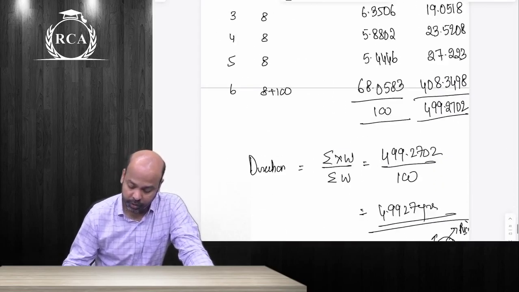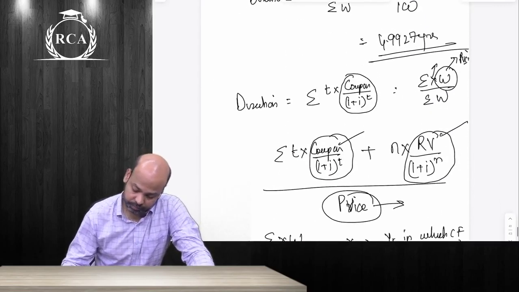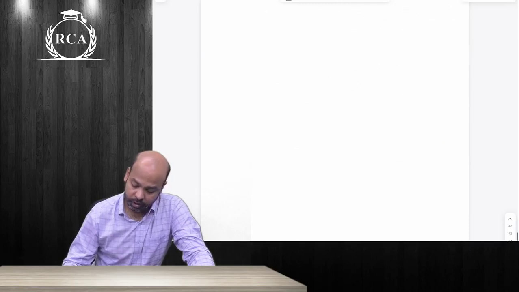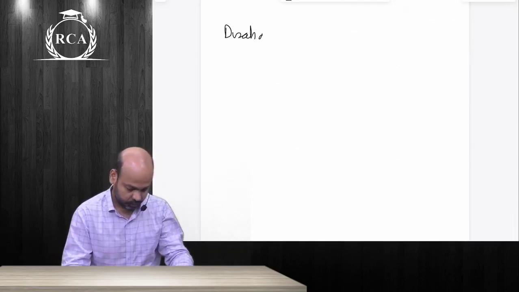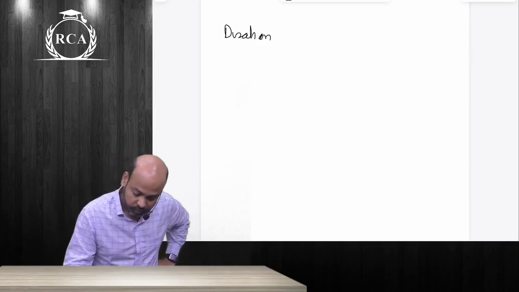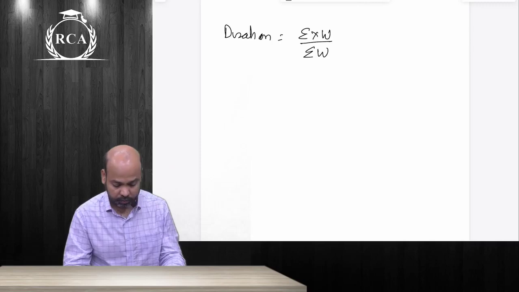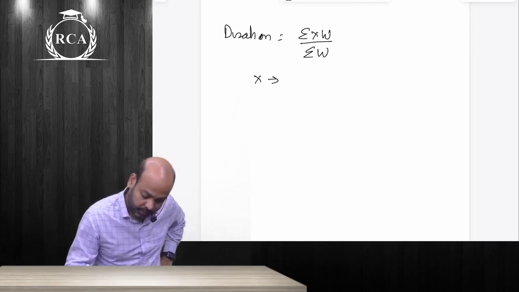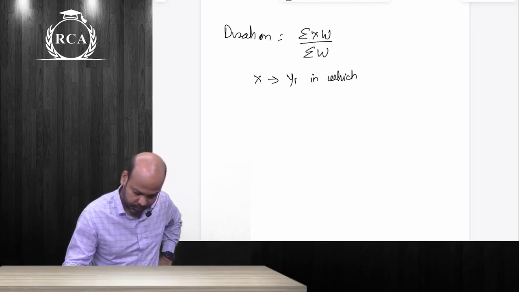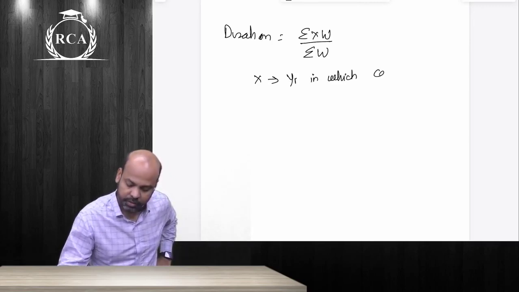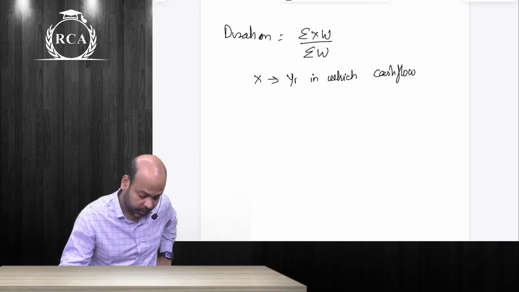Next beta. Duration equals summation xw divided by summation w. X is the year in which cash flow arises.